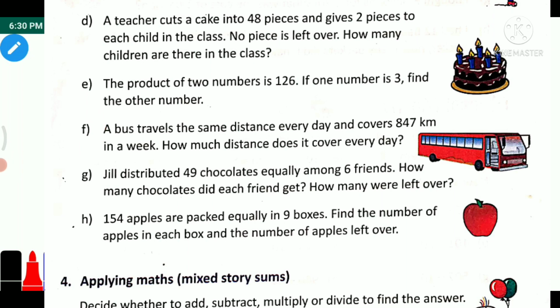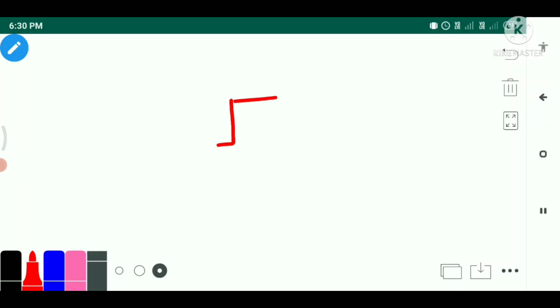So how we can do this one? If we take our distance, that is 847, we know that in a week it travels this much of distance. So now I will divide the distance with the number of weeks, and I will get the distance that it travels every day.